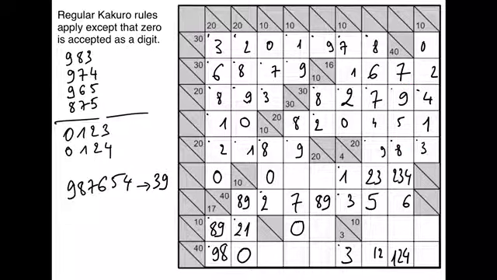Now with those 5 digits, we have 35, so those 3 must add up to 5, so this has to be a 0. And those must add up to 4, 5. So this can't be a 4. And this can't be a 2.